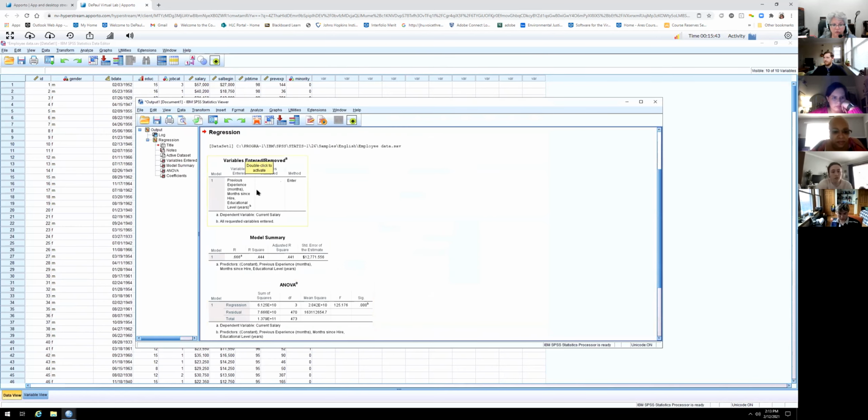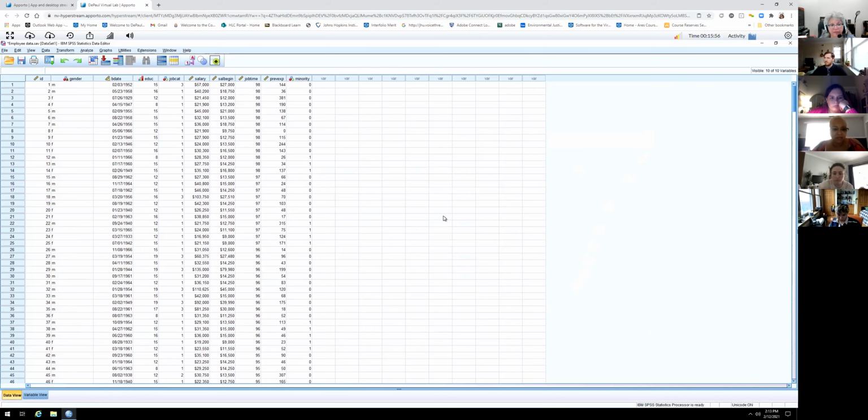All right, and up comes this familiar index and the boxes. I want to stop here because I want to use the output that is already on D2L. Are there any questions about how to get around SPSS and how to run your regression, how to set it up, run it?